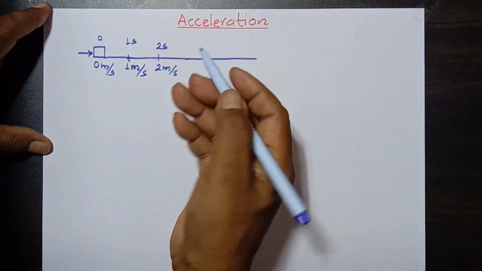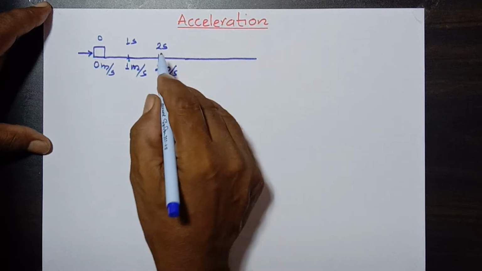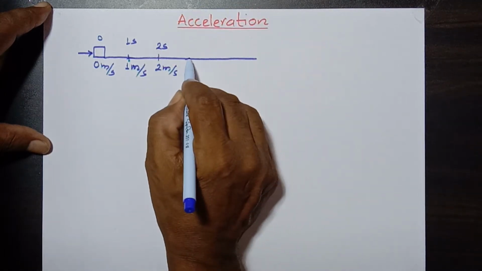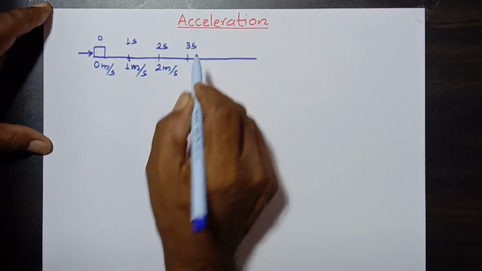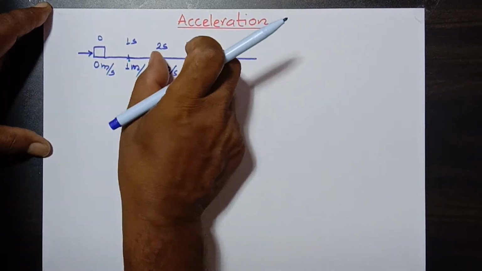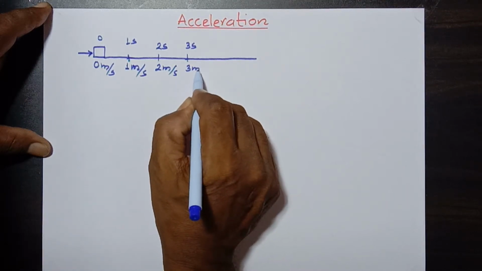In the same way, if the same force is constantly acting on the body, then in the third second it will cover more distance. If it covers 3 meters in the third second, then its velocity at the end of the third second is 3 meter per second.